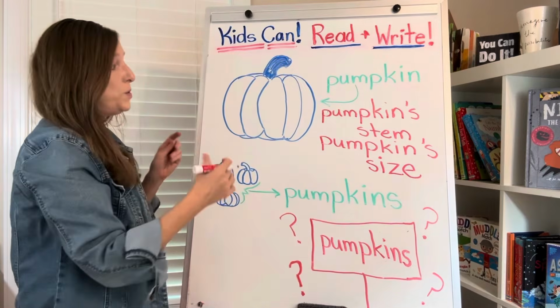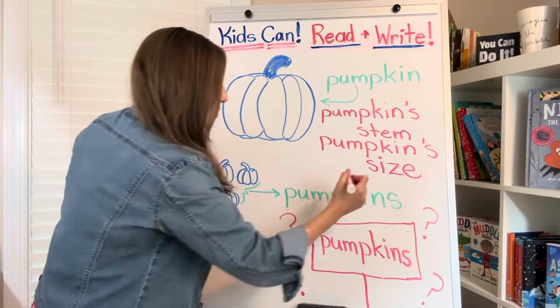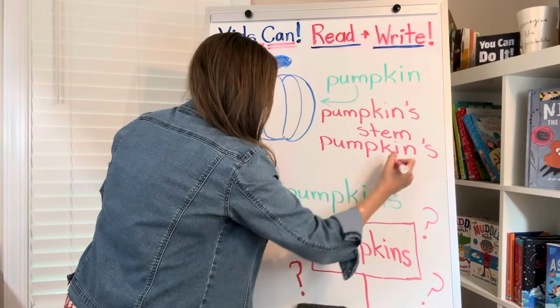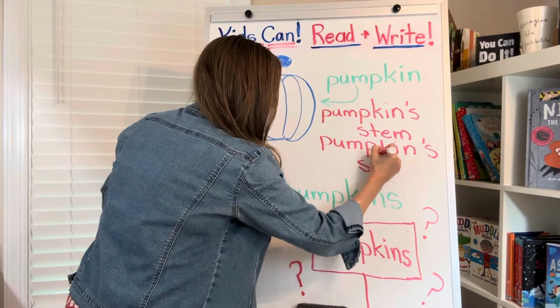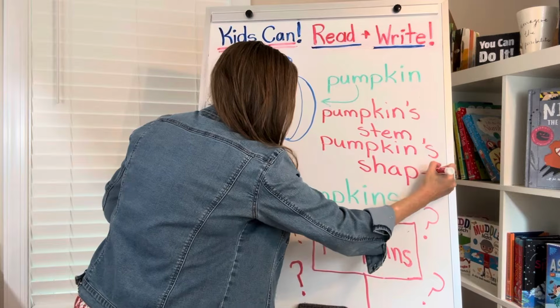Okay? Or maybe you want to talk about the pumpkin's shape. Well, then you would just put that same apostrophe S, but add shape after it.